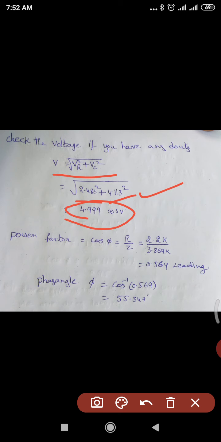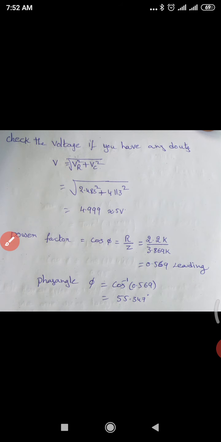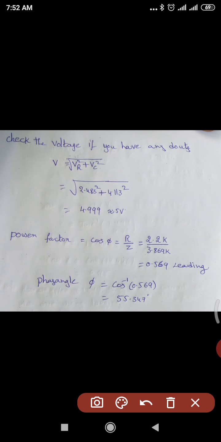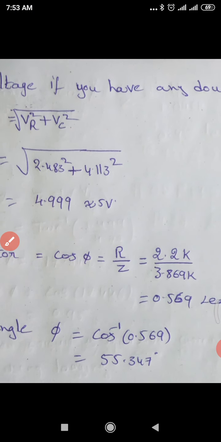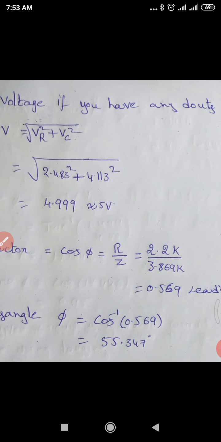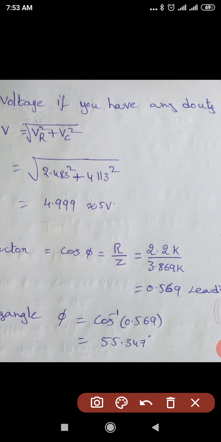Now let us see the power factor. Power factor cos phi is equal to R by Z. This is the direct formula we already discussed in previous classes. If you substitute this R value 2.2 and Z value 3.869, we get 0.569.